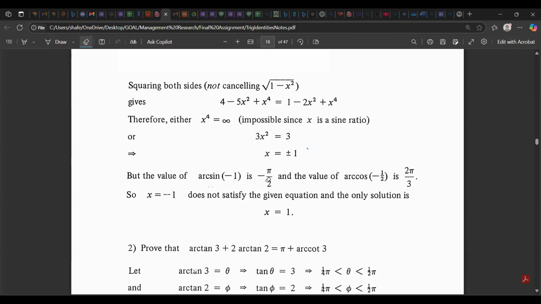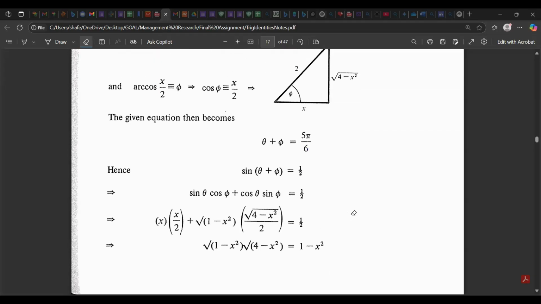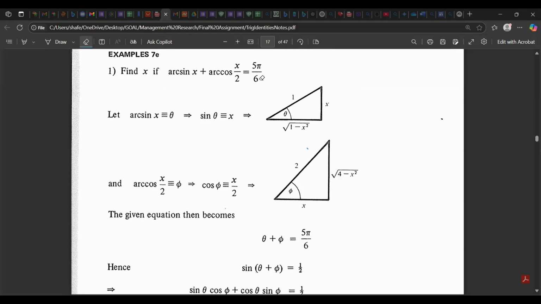So when you add these two up, you find that it's not equal to 5 pi over 6. So x equals minus 1 is not a solution, right? However, if you use x equals 1 and you find arc sine of 1 and arc cos of a half, it will add up to 5 pi over 6.